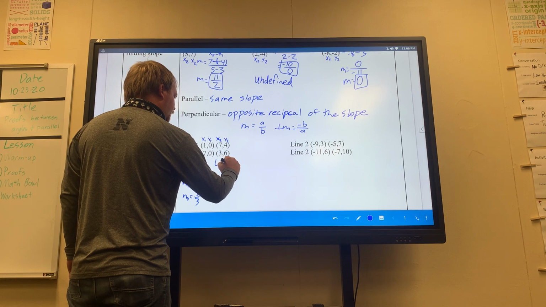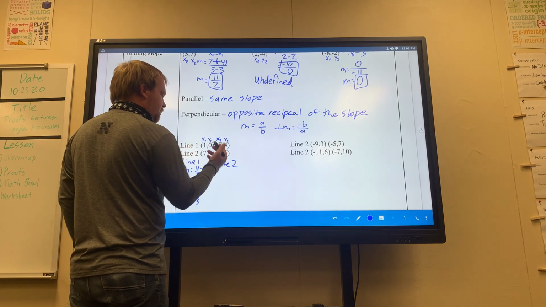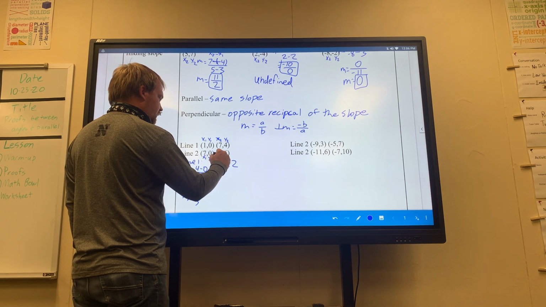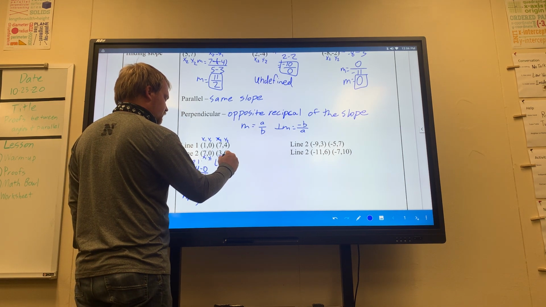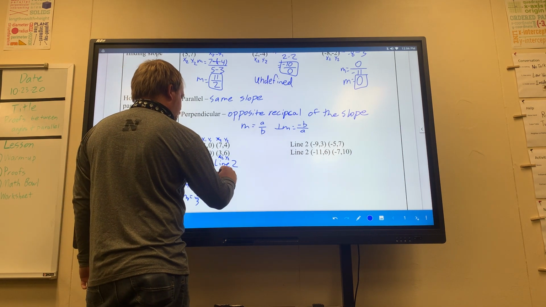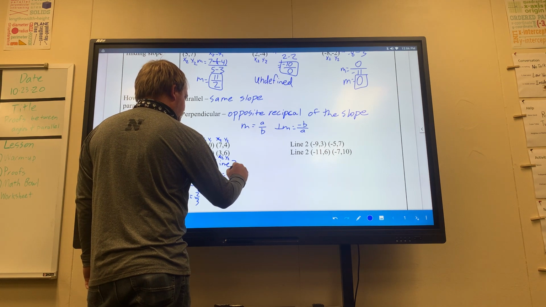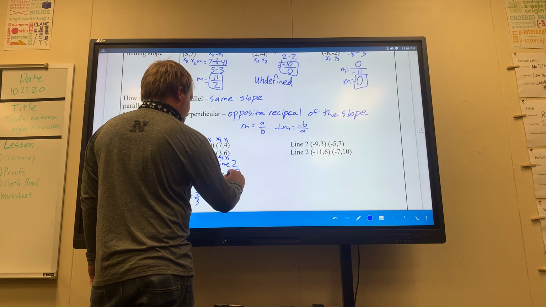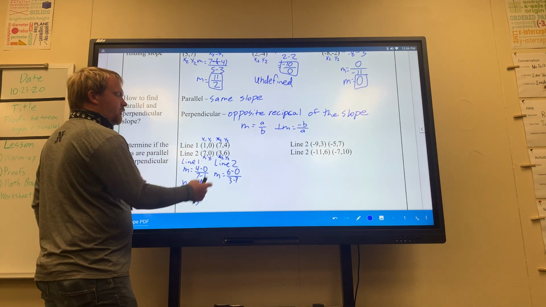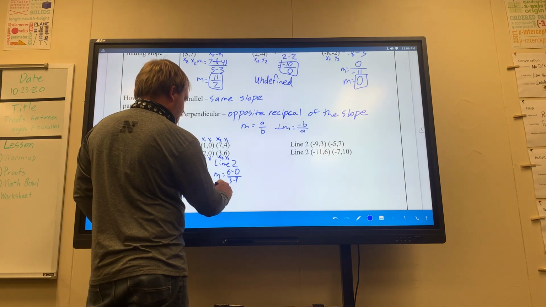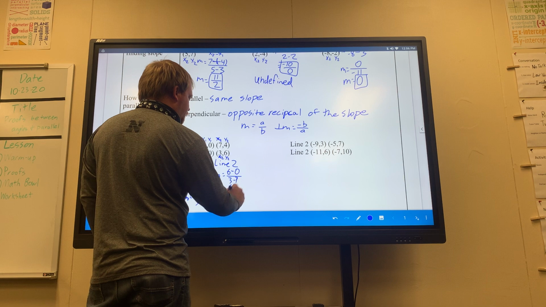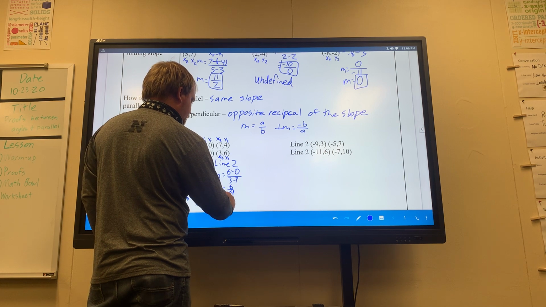Line 2, however, remember, I still want to label it x1, y1, x2, y2. So my slope is going to be 6 minus 0 over 3 minus 7. So if I subtract them out, I'm going to get m equals 6 over 3 minus 7, which is negative 4.